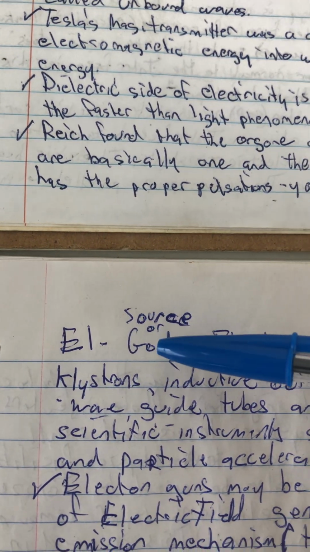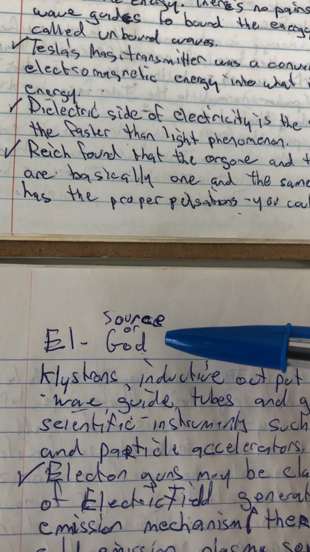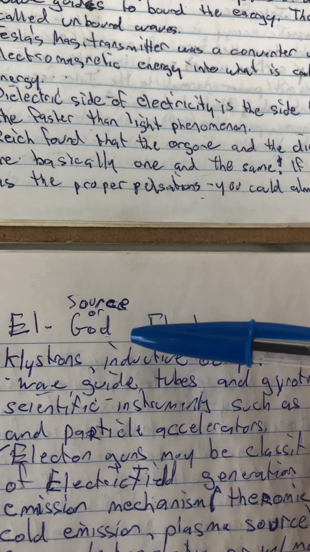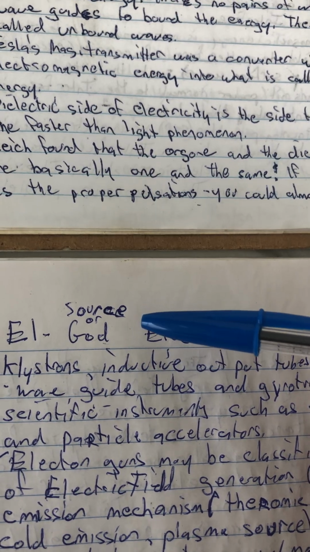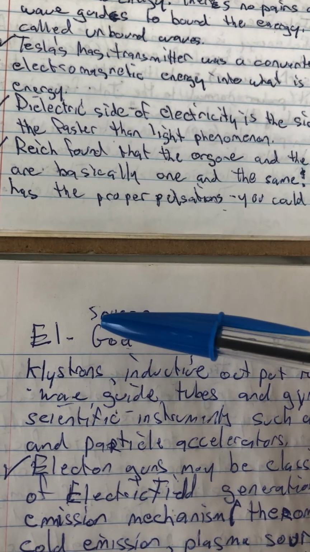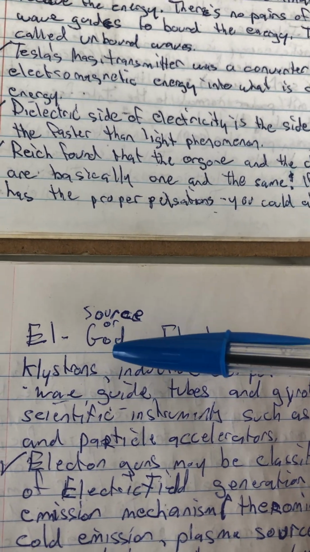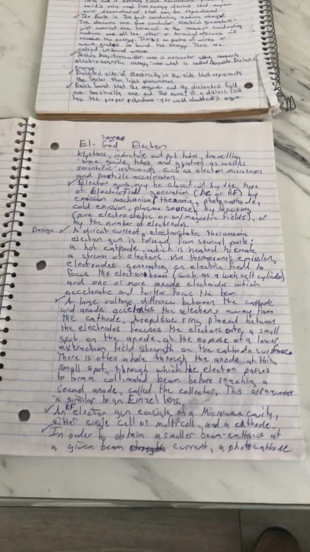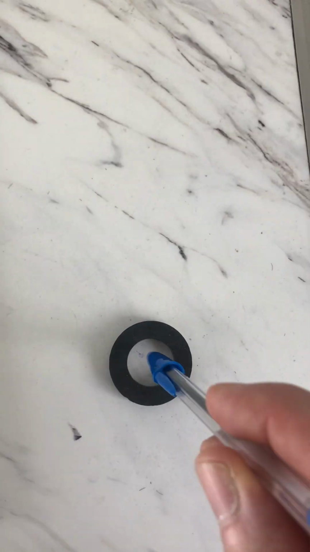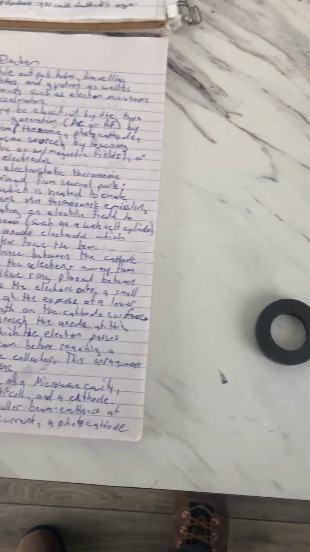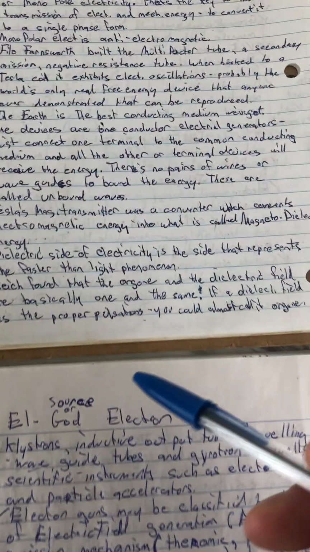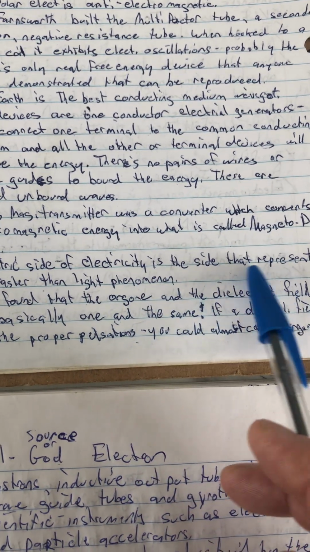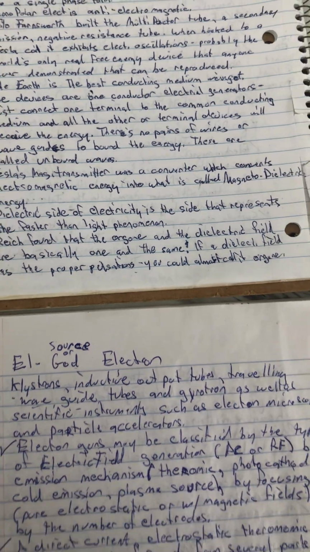The word L is also where we get words like elders, or the elected, or the elite. This is also where we get the word electricity. Electricity exists both in space and counter space simultaneously. The way to tap it is through that 0 point. Just like Eric Dollard will tell you, the dielectric side of electricity is the side that represents the faster than light phenomenon.